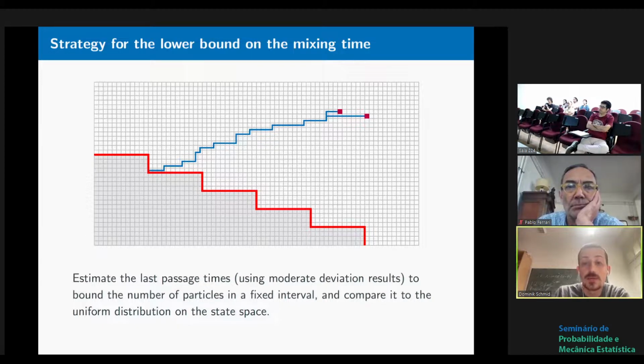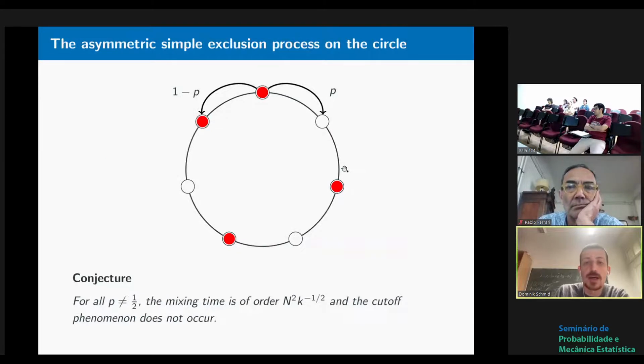And in this way, we compare, for specific initial conditions, the number of particles which we see in an interval to what it should be under the uniform distribution. And this is how we get the lower bound, as I said, more or less just as a side result.